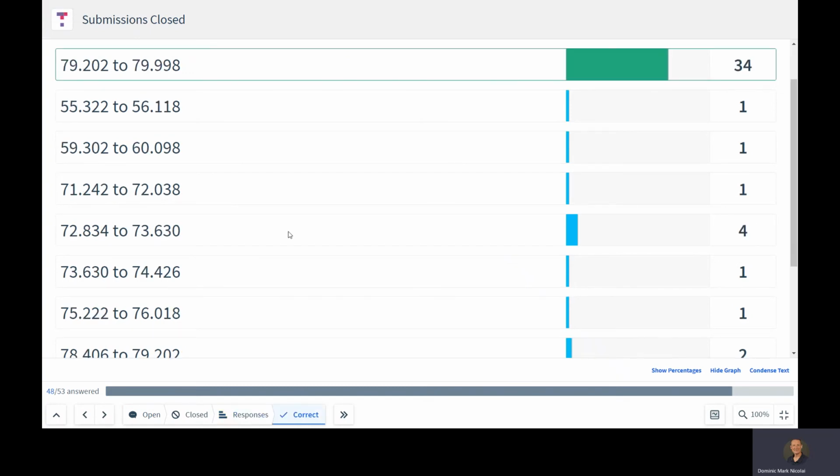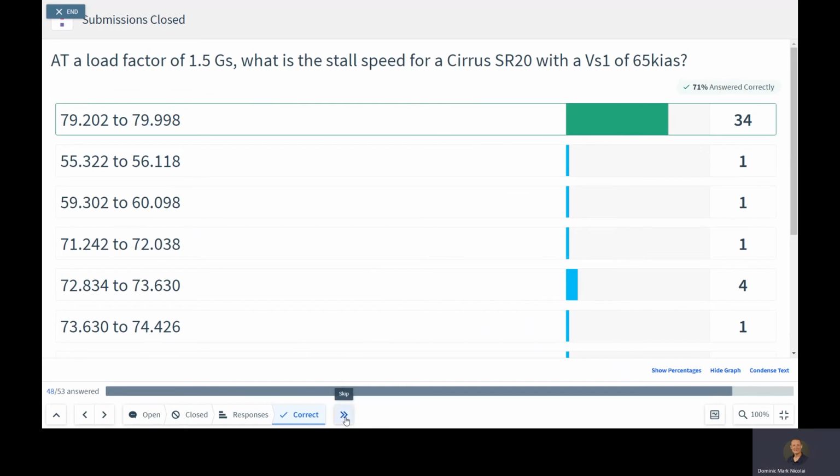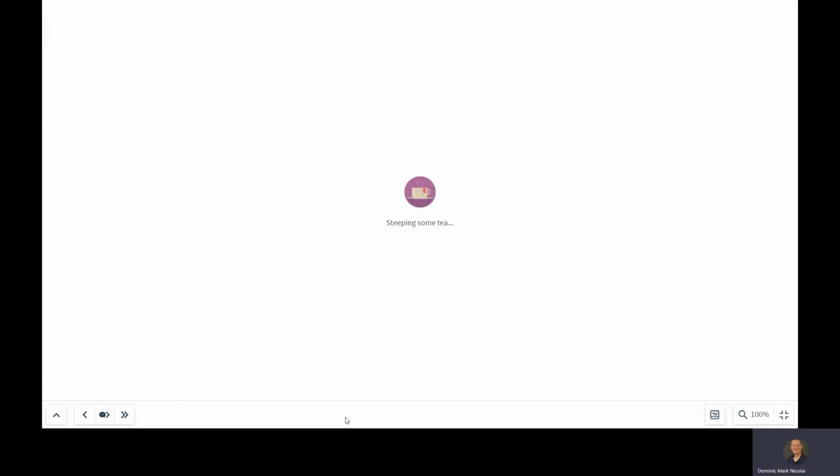So somewhere around 79.5 would be the correct answer there. So square root of 1.5 times 65 is how we're answering that problem there. And then just add it back on to the speed.